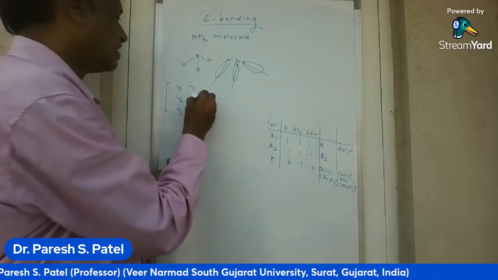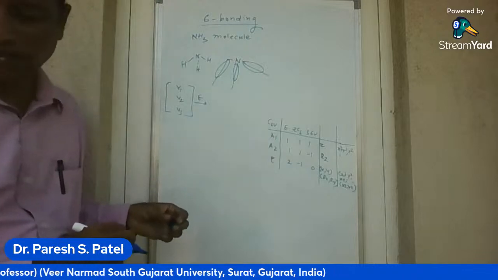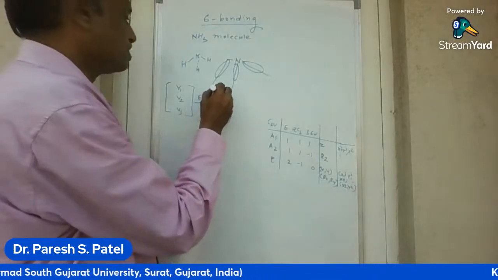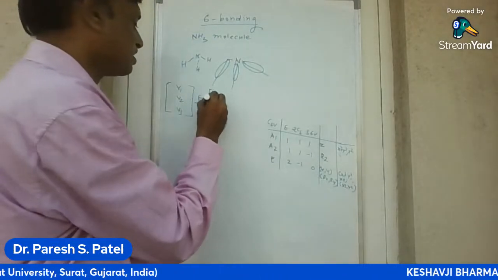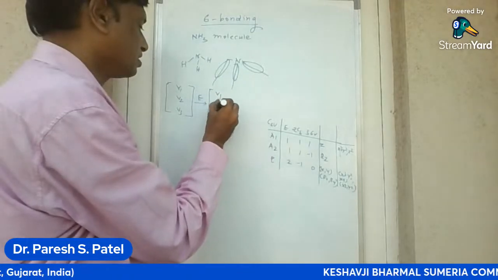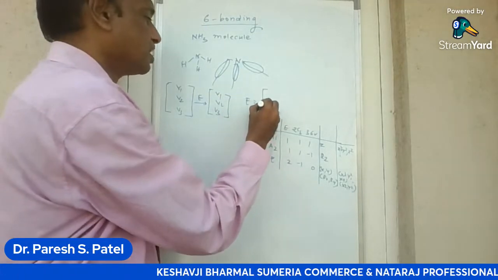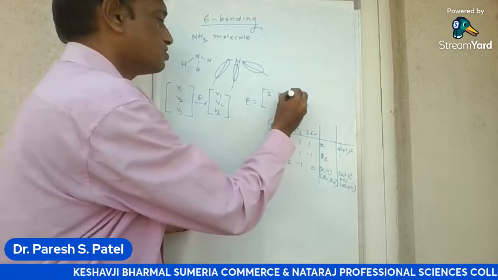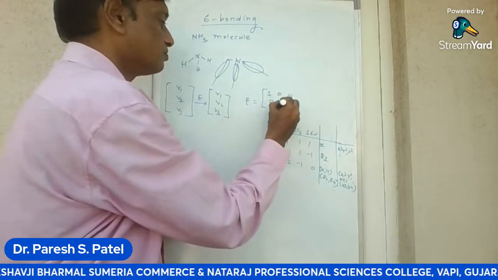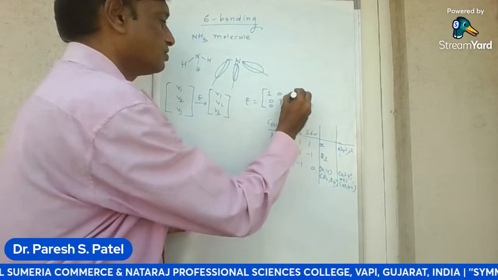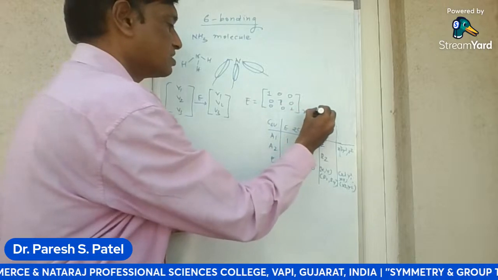If we operate the identity symmetry operation on the three vectors, there is no change in their position, just v1, v2, and v3. So the matrix representation for the identity is 1 0 0, 0 1 0, and 0 0 1. So the character of this matrix is equal to 3.